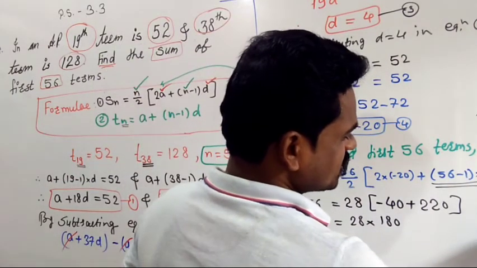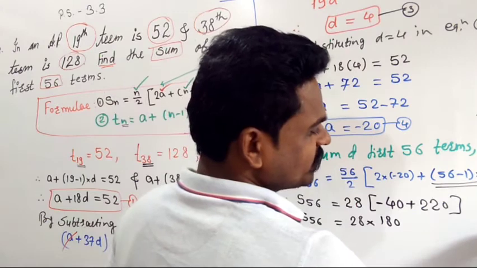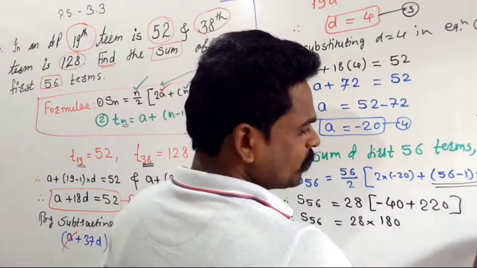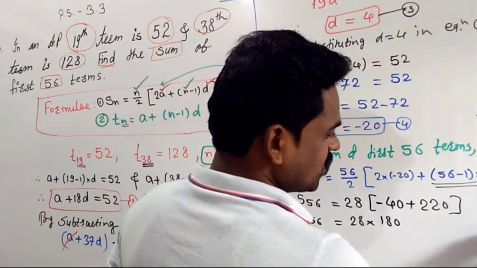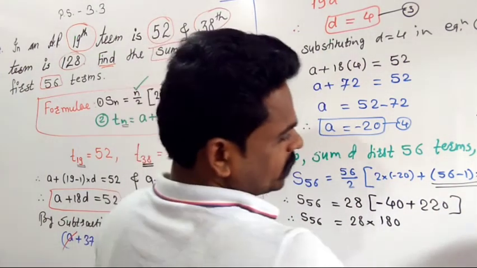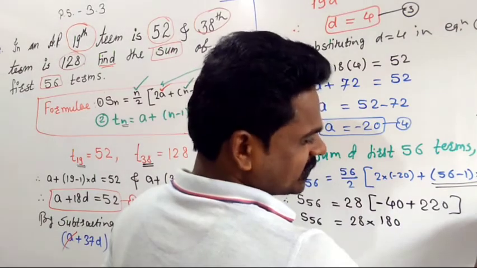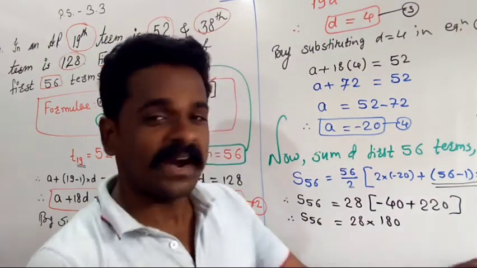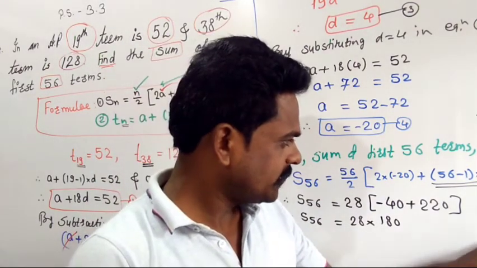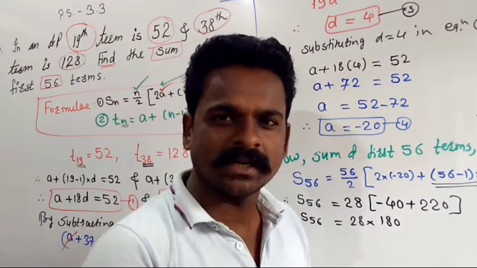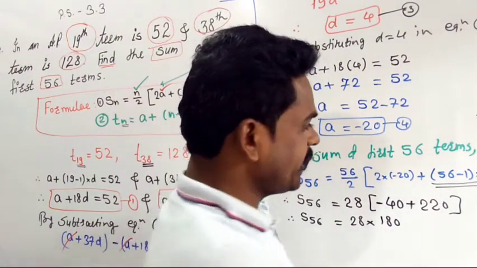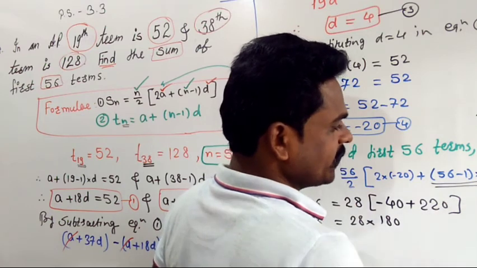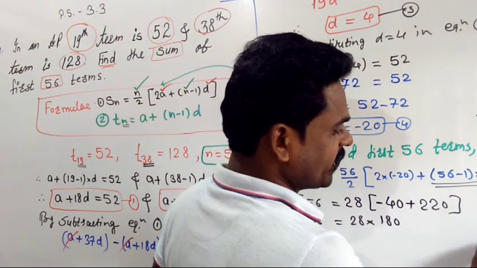Now you can do it in your regular pattern. 8 zeros are 0, 8 8s are 64, 6 carried, 8 1s are 8, 8 plus 6, it's a 14. For the second digit, that is the tens digit, we will put 0. After that, take the tens digit and multiply all the digits of the first number. 2 zeros are 0, 2 8s are 16, 1 carried on, 2 1s are 2 plus 1, it's a 3.